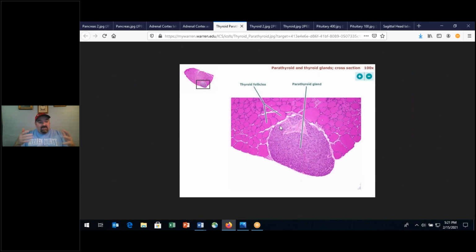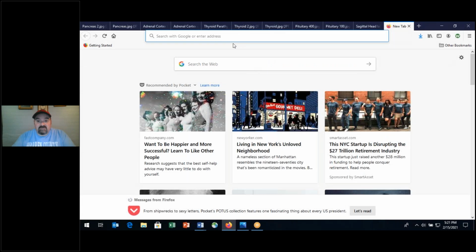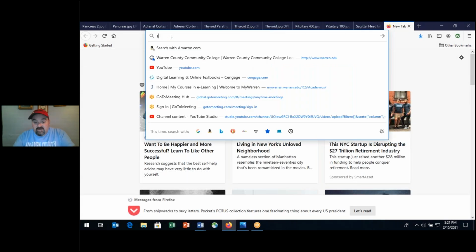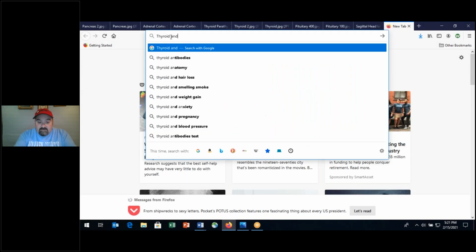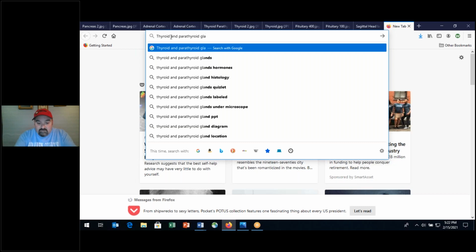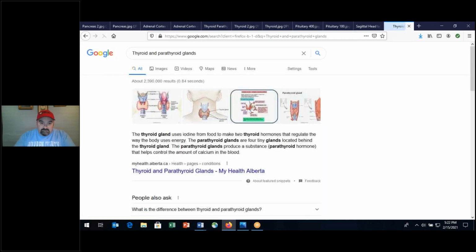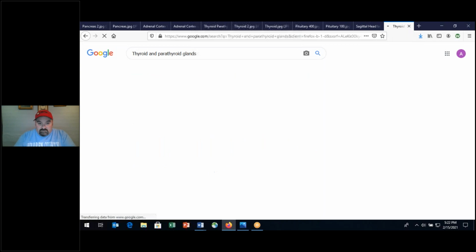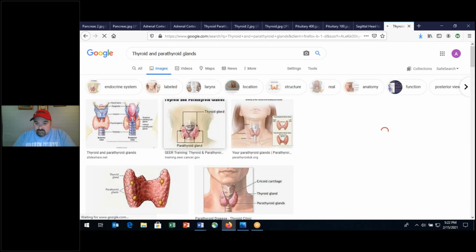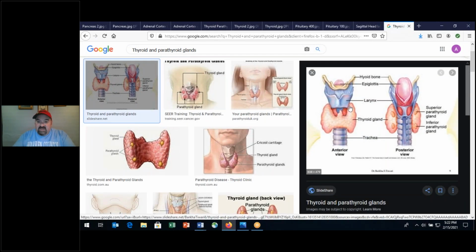They have 4 little oval type structures that are on the posterior aspect of the thyroid gland. Take a look at this here. And what you're looking at over here is that you can see the anterior, looks like a butterfly, okay?